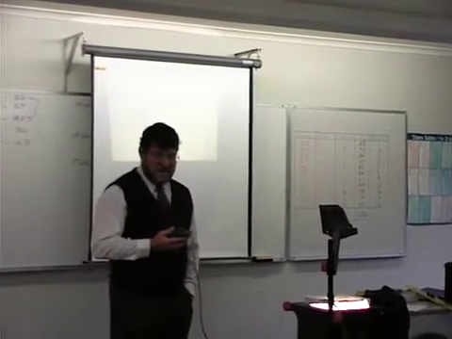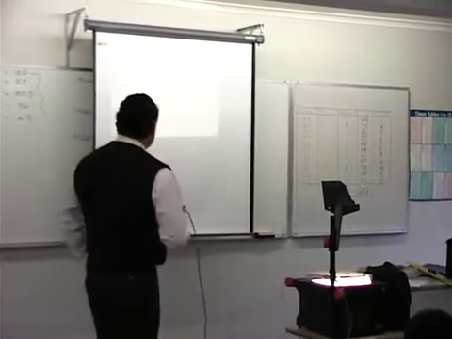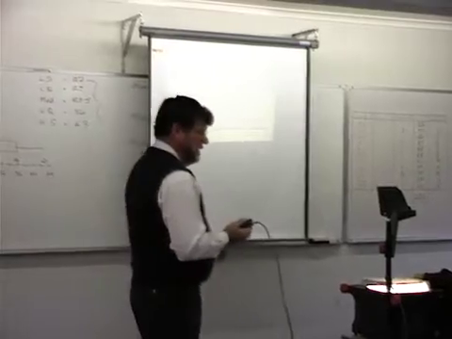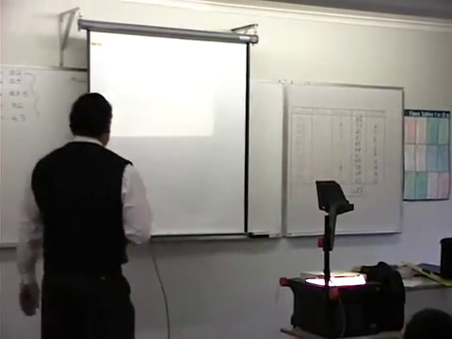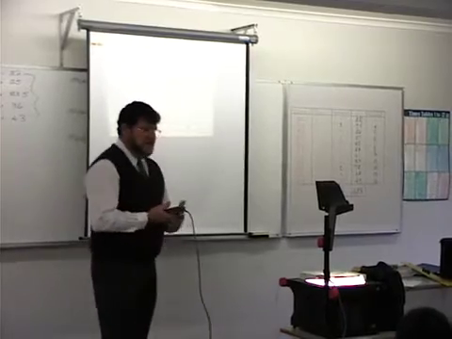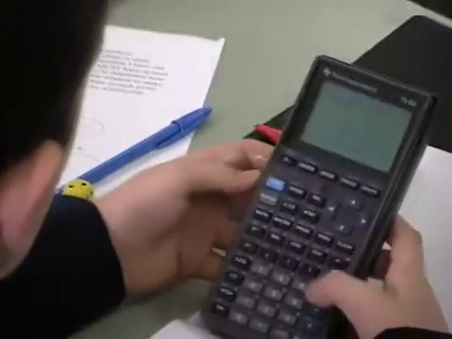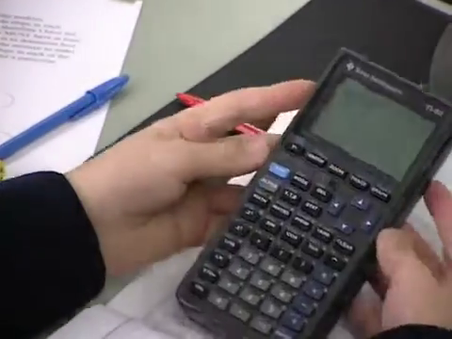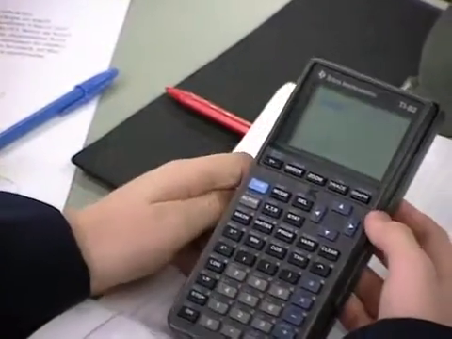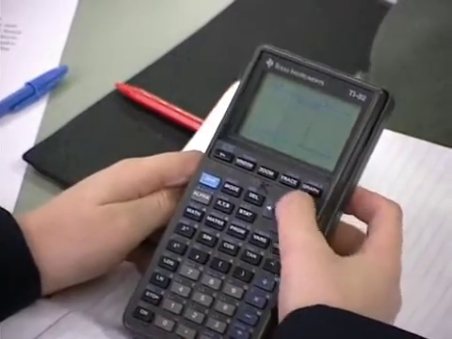Everyone got that screen? Press enter. Up arrow so that the cursor is on L1. Clear and enter. You have now deleted all information from list 1. Yes? Right hand arrow, bring the cursor onto L2.